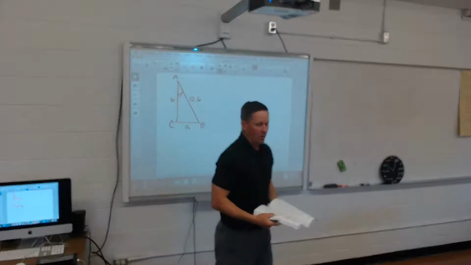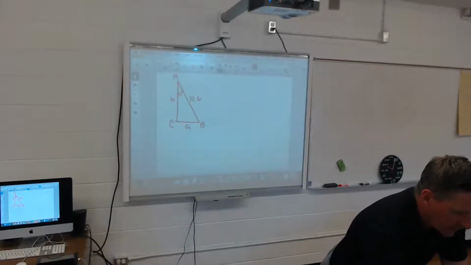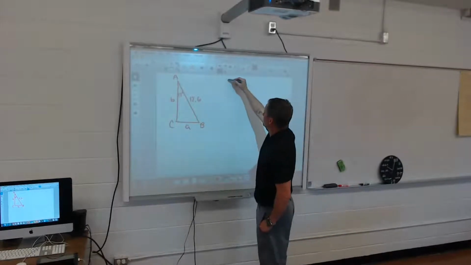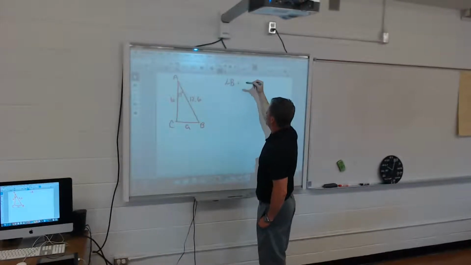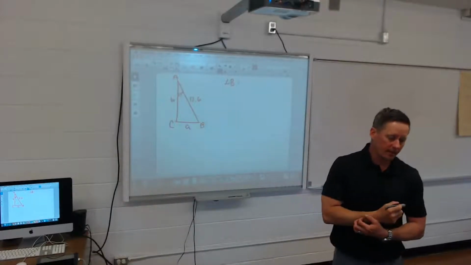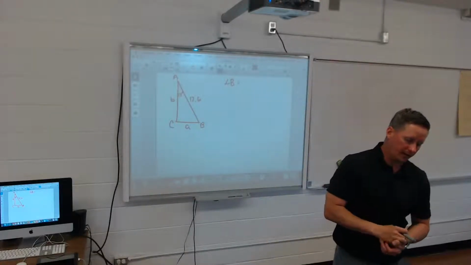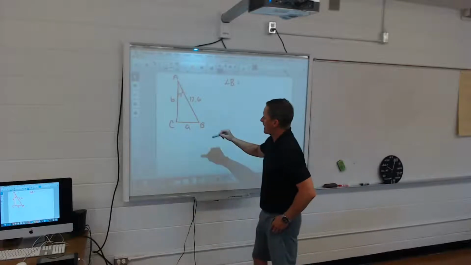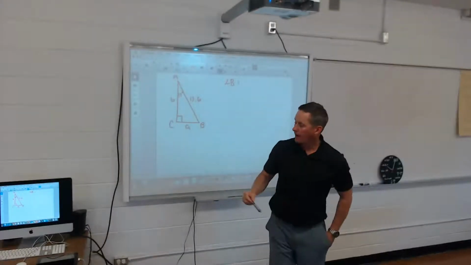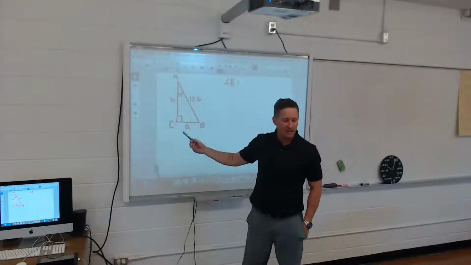Okay, so the first thing that we want to look at when it comes to solving these questions is if you're given one of the angles, then you should automatically be able to find the second angle quickly. We know that all three angles add up to give you 180 degrees, and we also know that this angle C is 90 degrees.